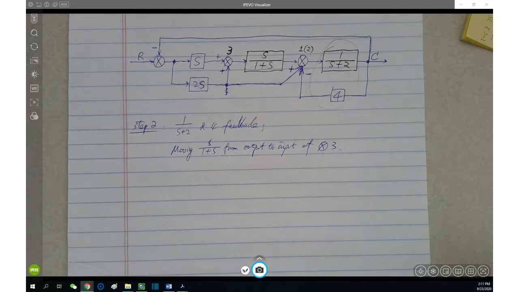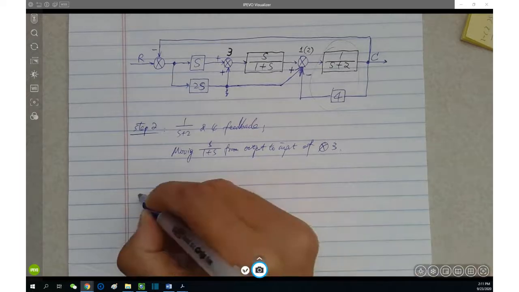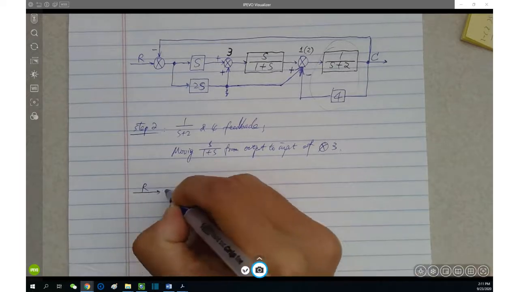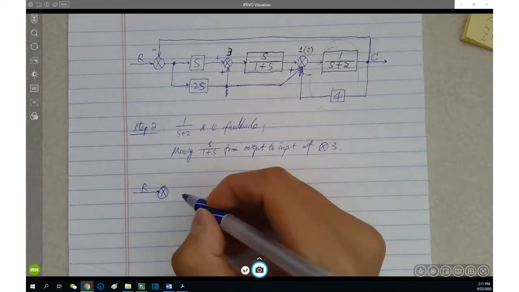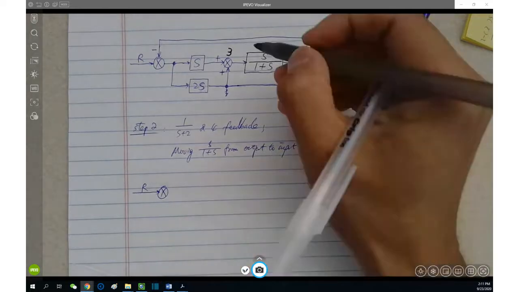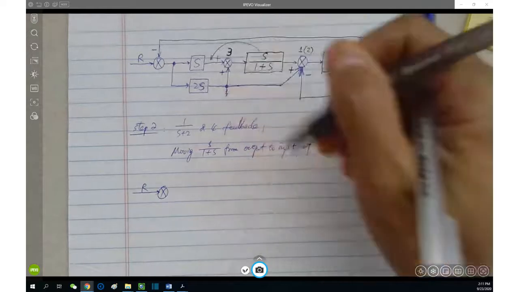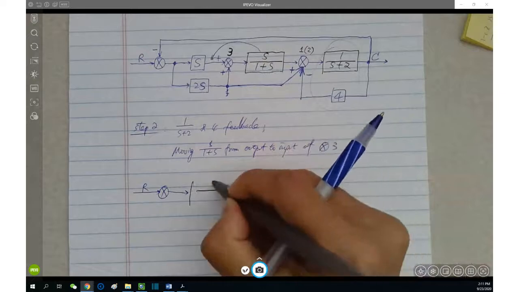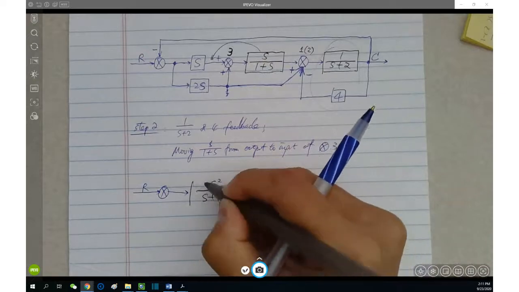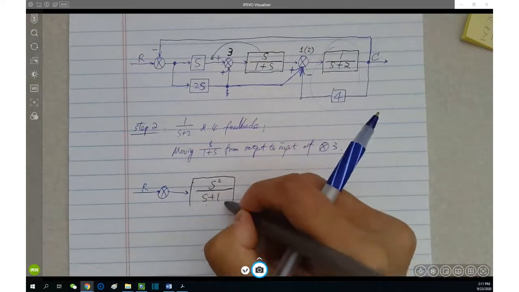Let's see the resulting diagram. What does it look like? This is a very, very important step. Once again, this guy moves over here, and then you combine with, obviously, s. So here it becomes s squared over s plus 1.